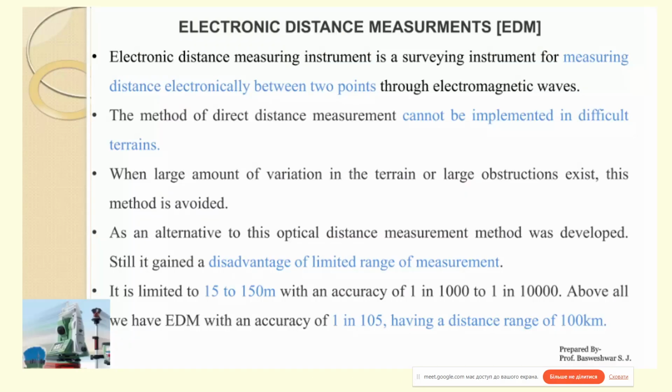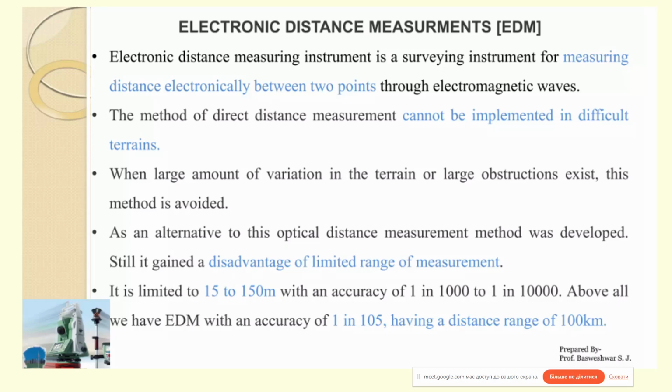Well, electronic distance measurement. An electronic distance measuring instrument is a surveying instrument for measuring distance electronically between 2 points through electronic waves. The method of direct distance measurement cannot be implemented in difficult terrains. When a large amount of variation in the terrain or large obstruction exists, this method is avoided. As an alternative, the optical distance measurement method was developed, but it had the disadvantage of limited range of measurement.